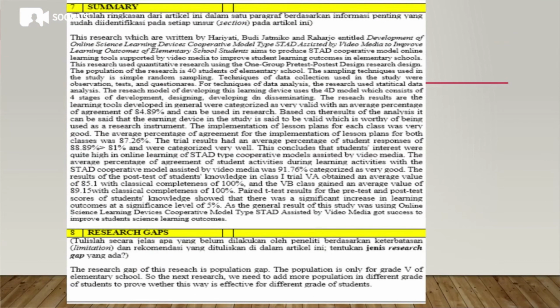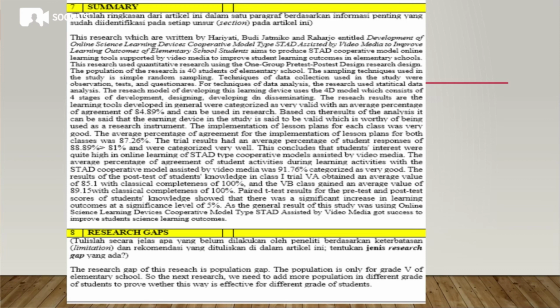Okay, this is the last part, summary. In this summary, we make the summary conclusion of this article in one paragraph based on the information in the section of IMRAD.